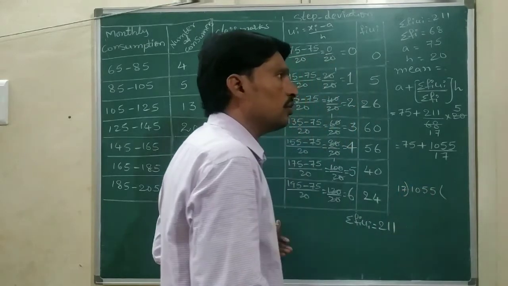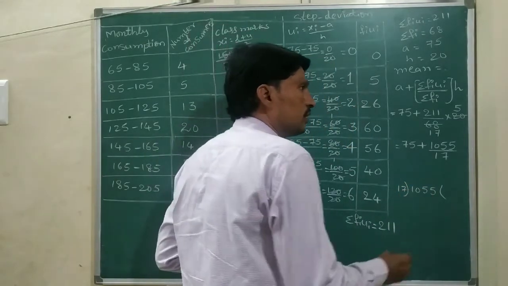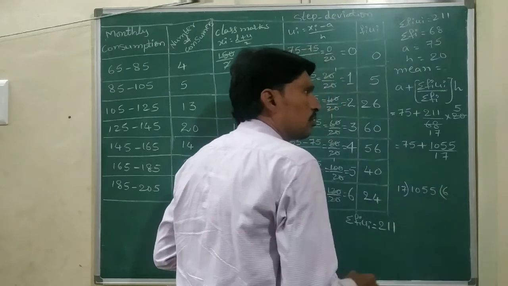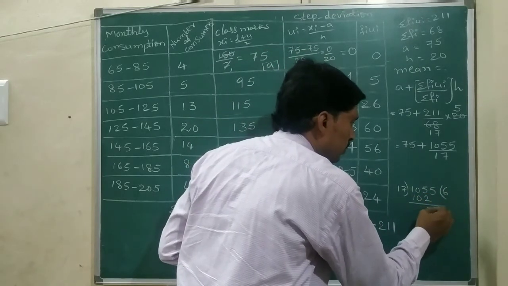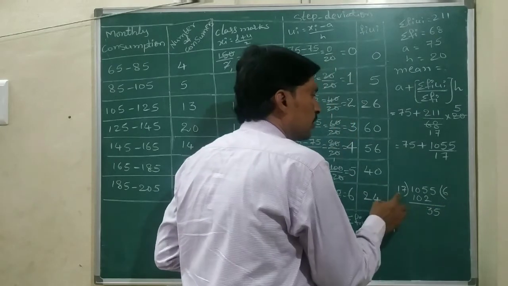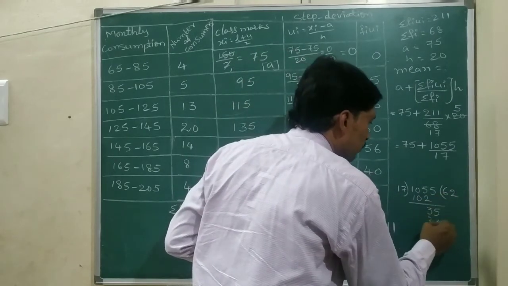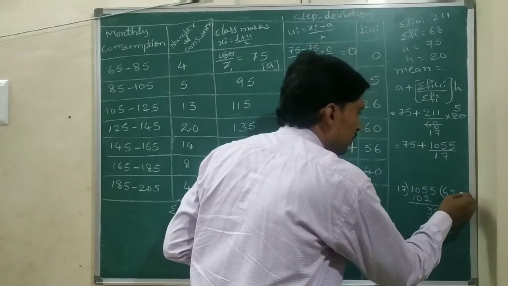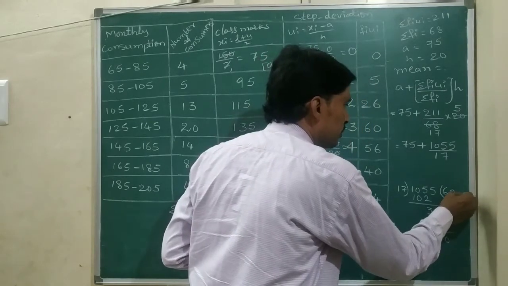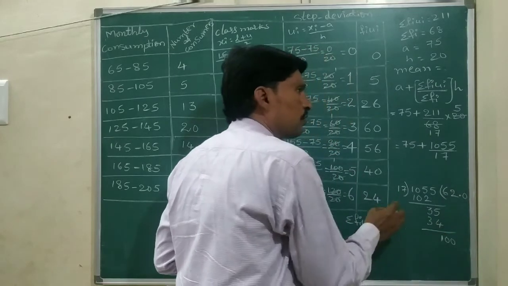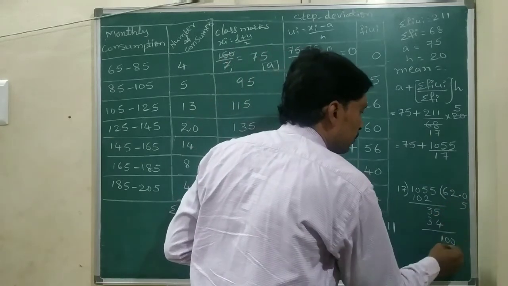17 sixes are 102, which gives 3 and 5 remaining. 17 twos are 34, leaving 1. We take the decimal point, and again take 0, and here 0. 17 fives are 85.